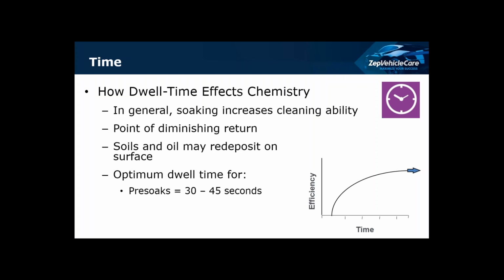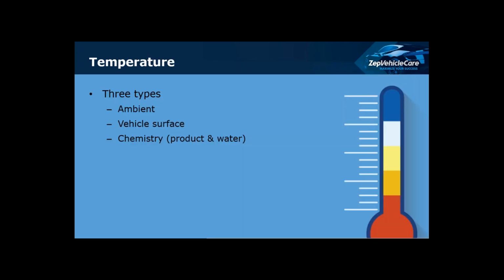But for conveyors and automatics, we really like to say no more than 30 or 45 seconds before the product, either through evaporation from heat or just the fact that the detergent starts to allow the soils to reattach to the surface of the car, and you begin to lose that effective cleaning chemistry on the car. So that's time. The next one is temperature.